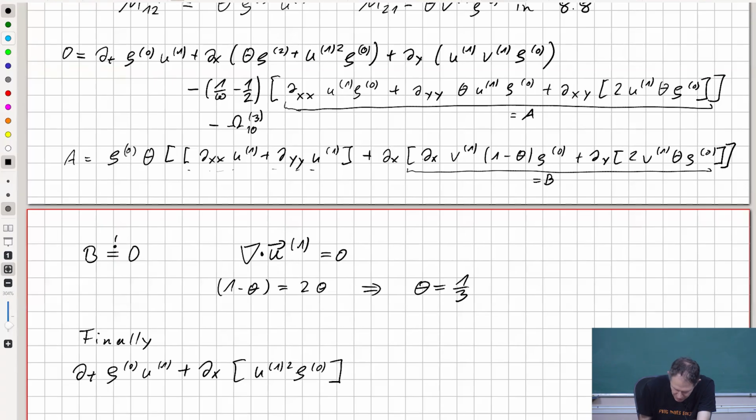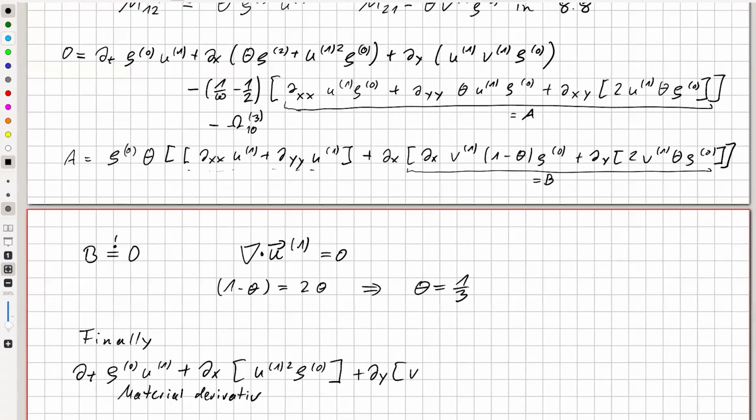So this here is the material derivative. Okay, so not that this has been the entire thing, there's still one part missing.